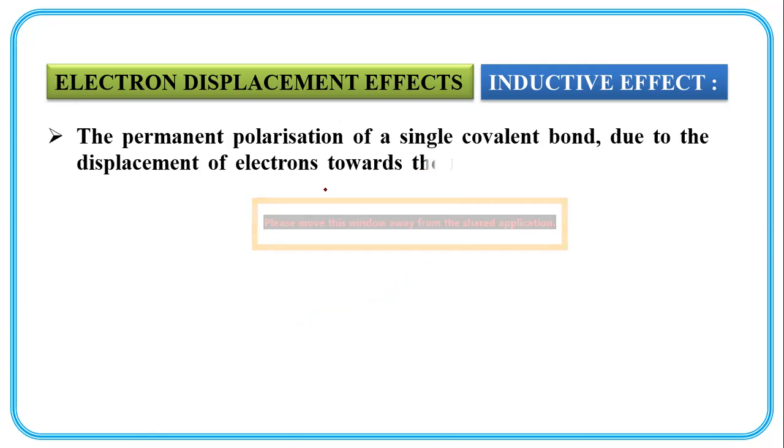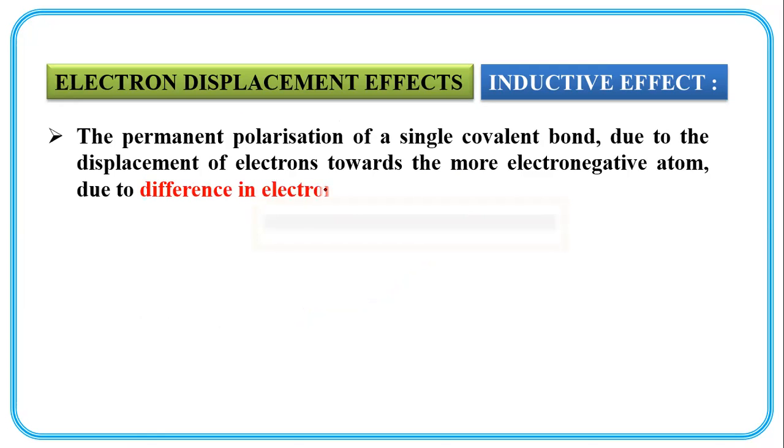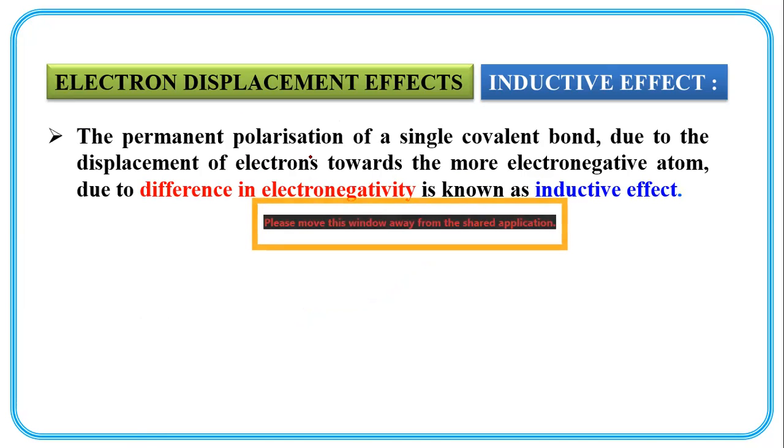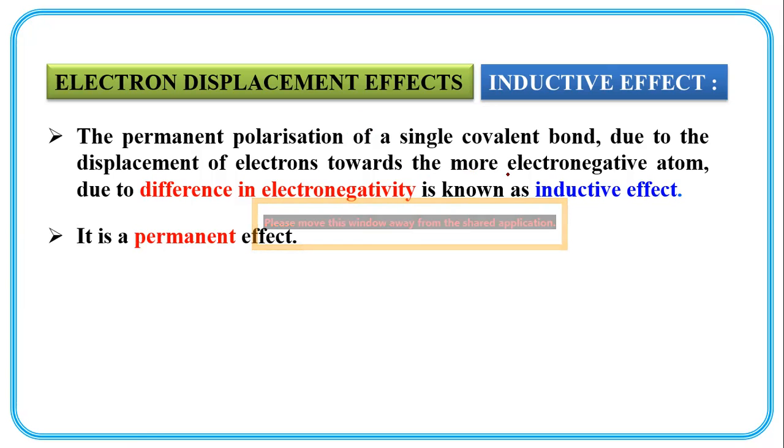It is the permanent polarization of a single covalent bond due to displacement of electrons towards the more electronegative atom due to difference in electronegativity, known as inductive effect. It is a permanent effect. Why is it permanent? Because the more electronegative atom is bonded with it permanently as long as that bond is present.